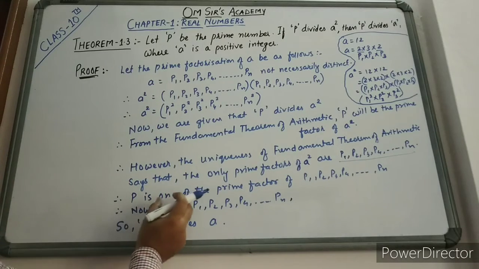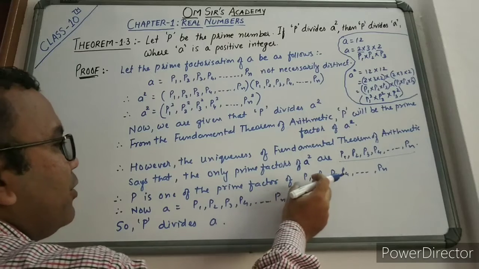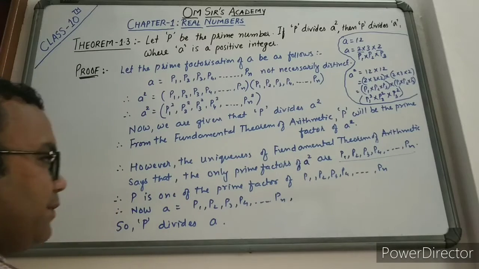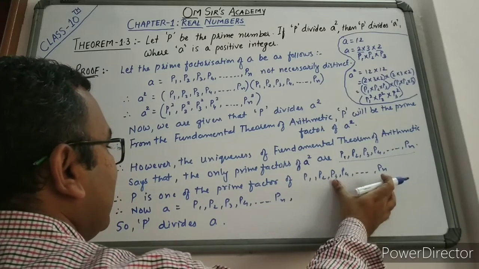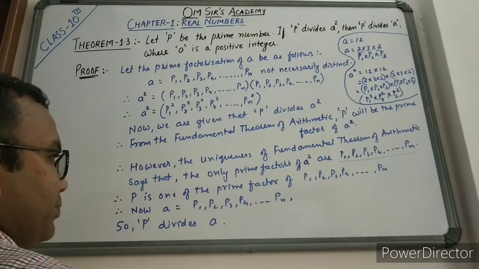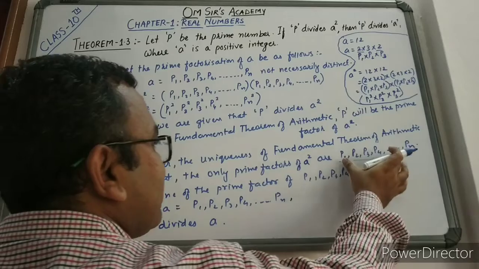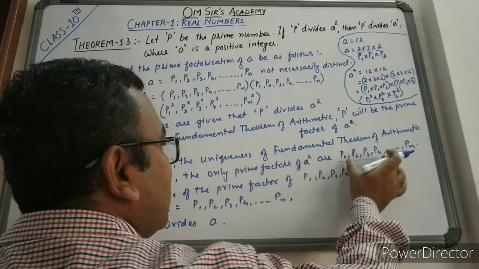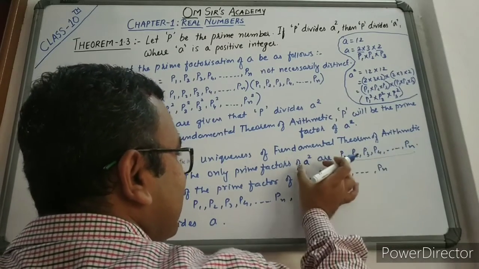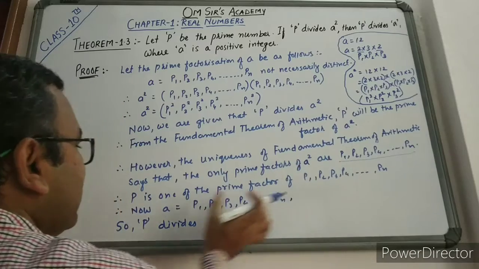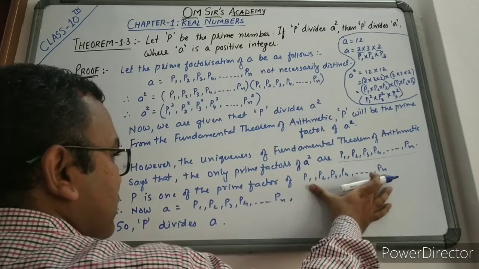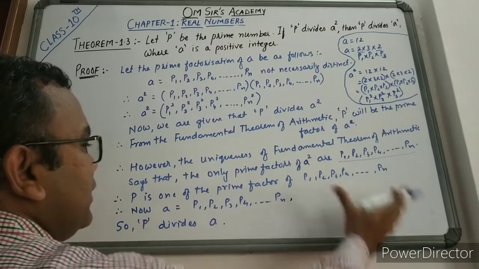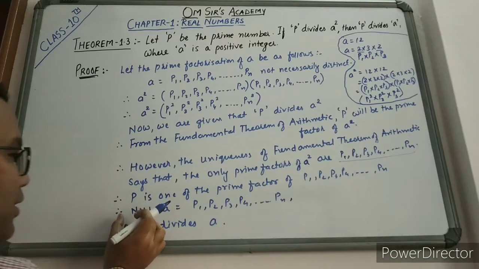Now P is one of the prime factors of P1, P2, P3, P4, Pn. Is it clear? So इन्हीं में से P जो है वो एक प्राइम फैक्टर होगा. जो प्राइम फैक्टर्स A स्क्वायर के थे वो A के जो प्राइम फैक्टर्स थे वही A स्क्वायर के प्राइम फैक्टर्स होंगे. Is it clear? So P will be the prime factor of this P1, P2, P3, P4 till Pn. उनमें से ही एक प्राइम फैक्टर होगा.